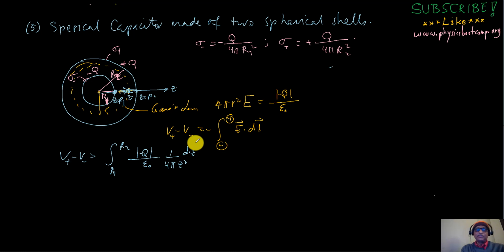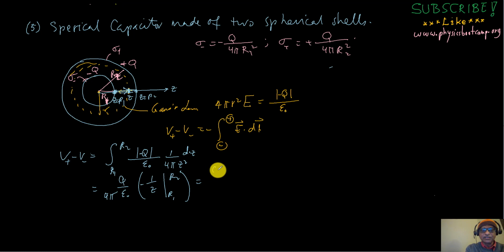right? So let's do this out. You have Q over epsilon naught 4 pi, and the integral of 1 over z square is minus 1 over z, from r1 to r2. So this simply becomes Q over 4 pi epsilon naught times 1 over r1 minus 1 over r2.